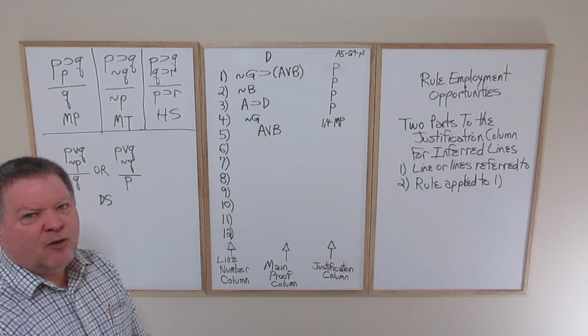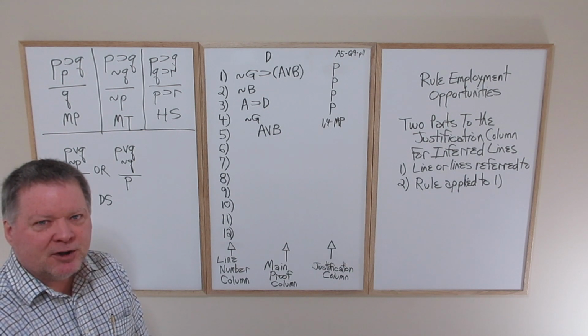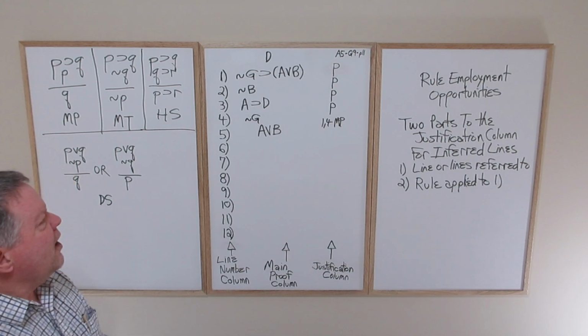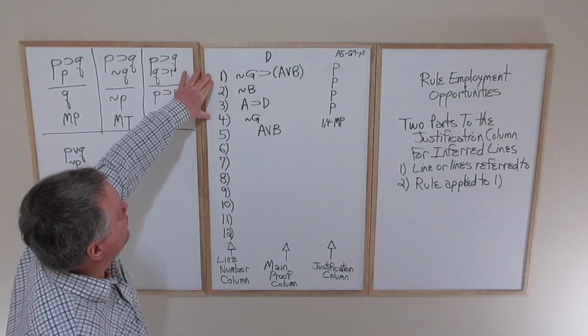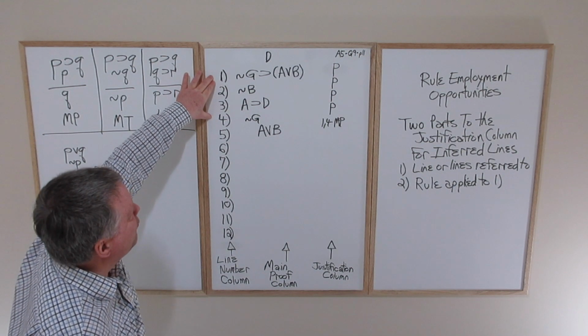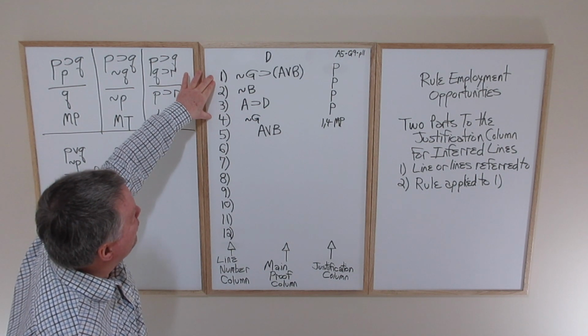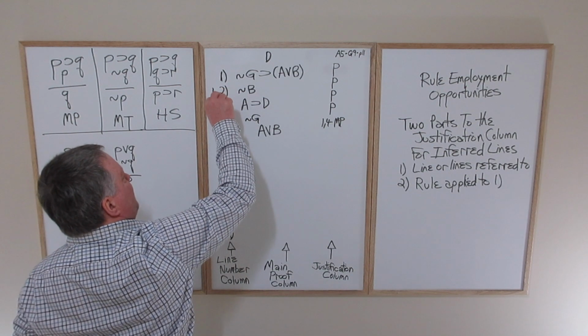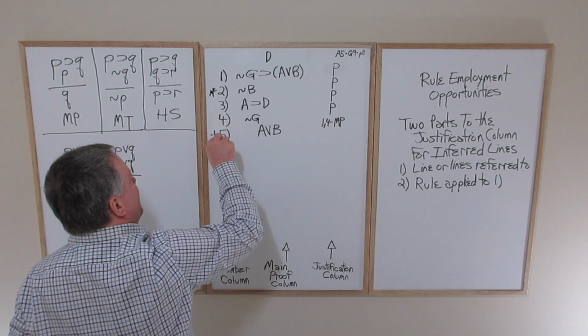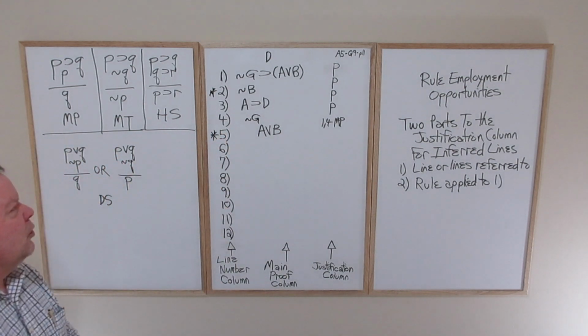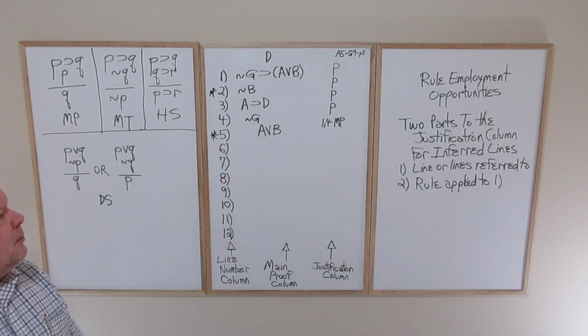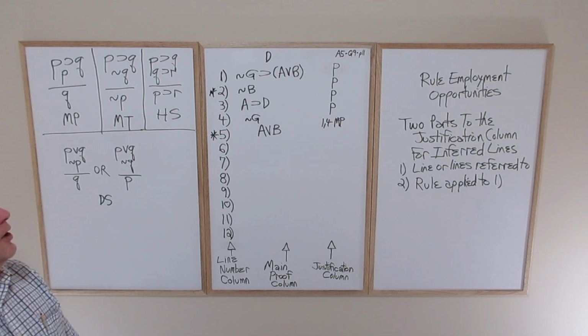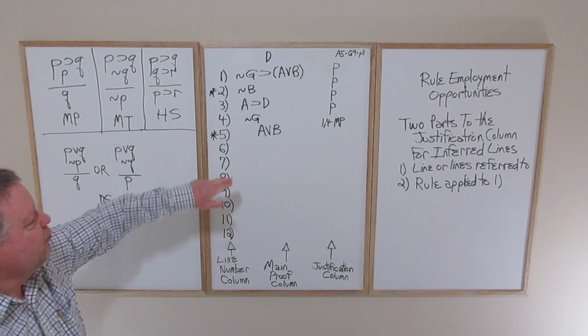We scan the 5 lines of information looking for another rule employment opportunity. So we've already carried out the rule employment opportunity in lines 1 and 4. Now we carry out the rule employment opportunity made available to us with lines 2 and 5.